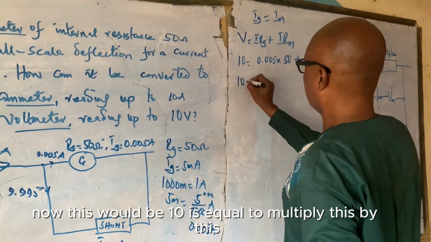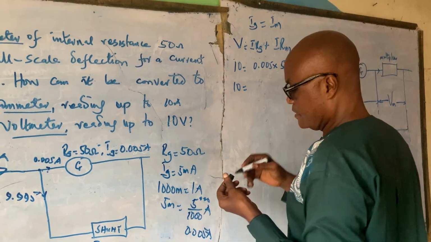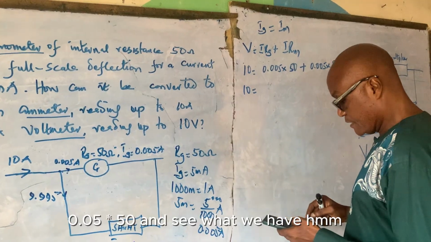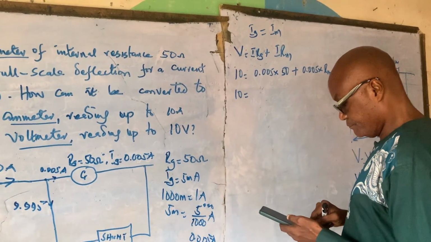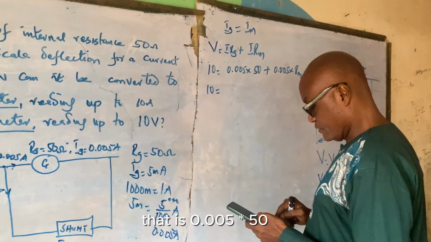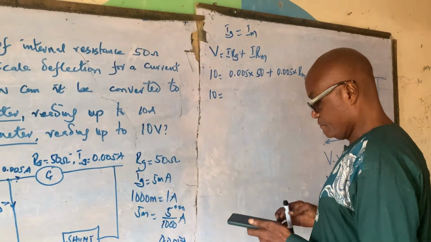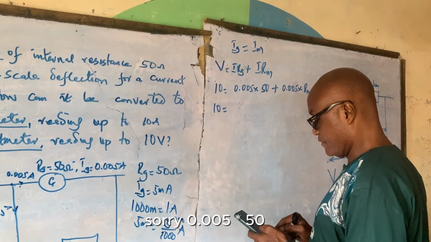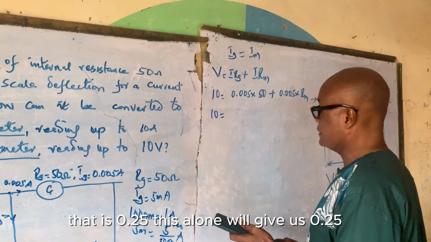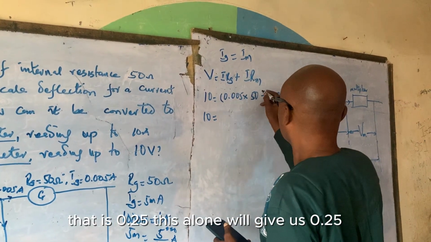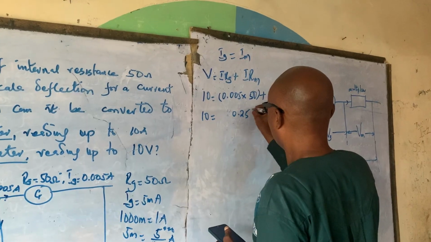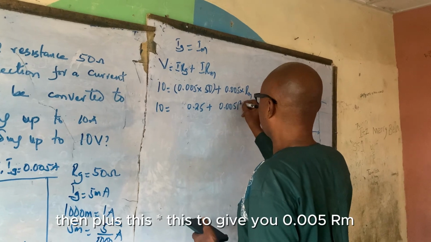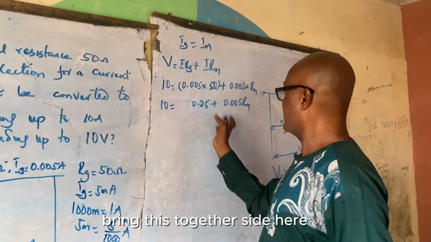Now this will be 10 is equal to, multiply this by this. Let us check the calculator: 0.005 times 50. That is 0.25. This alone will give us 0.25. Then plus this time, 0.005 Rm. Bring this to the other side here.